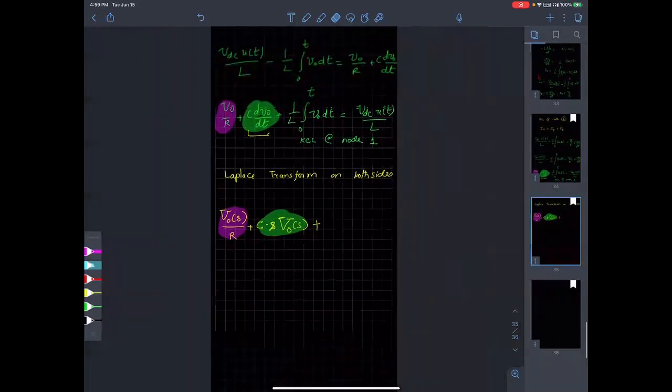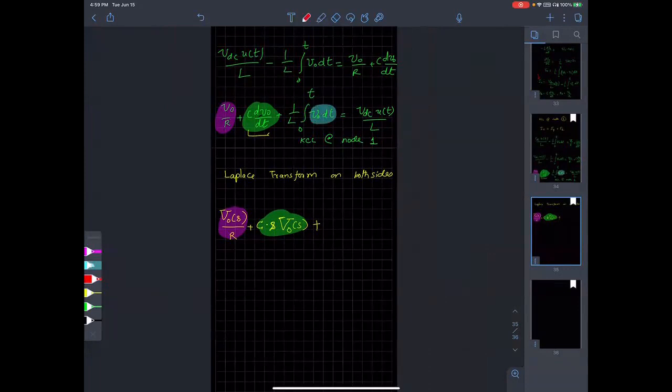So if I look at this integral and take the Laplace transform of this integral, then this 1 over L is coming from there. Now an integral has F of S, the Laplace transform of the function itself.